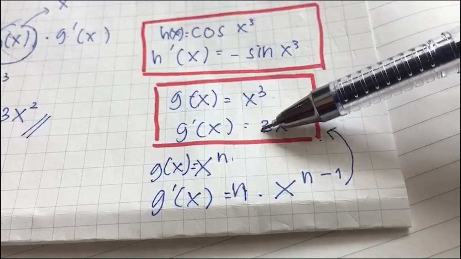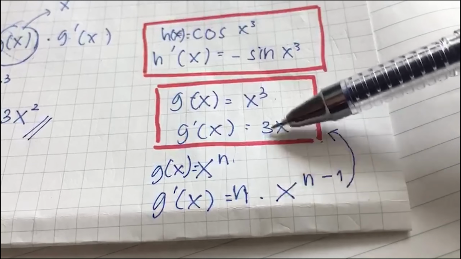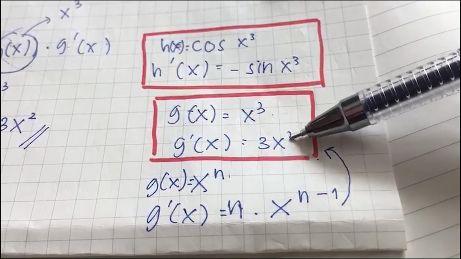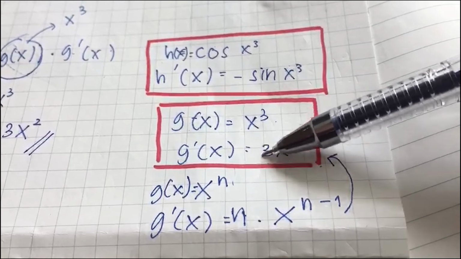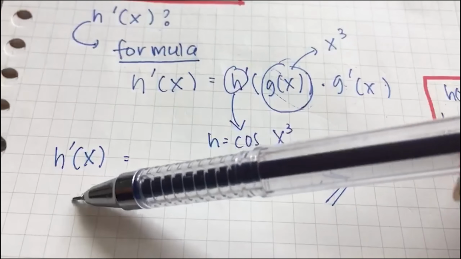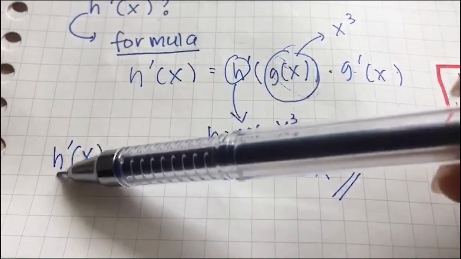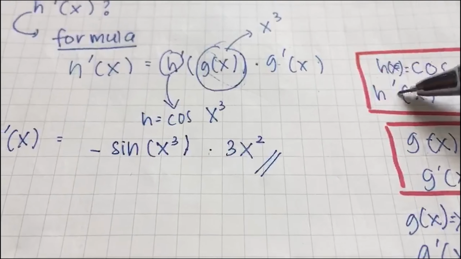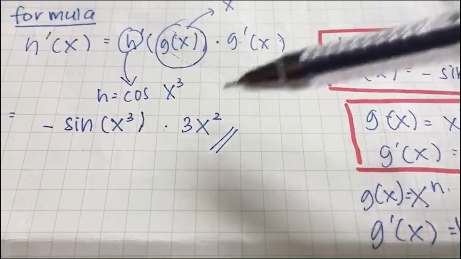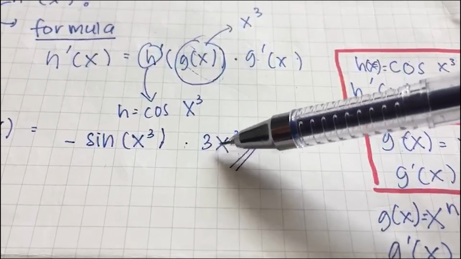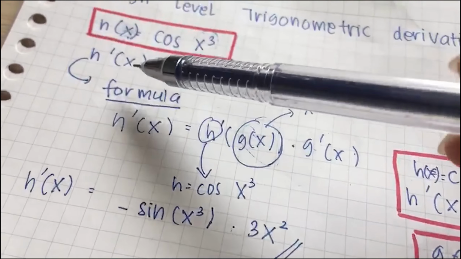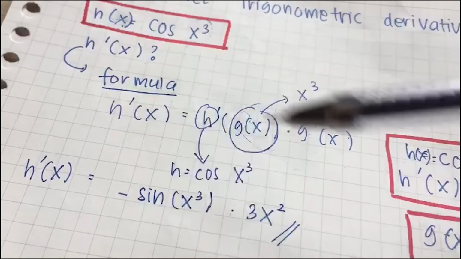So n is 3, x to the 3 minus 1, it's 2. So there it is. And so the answer is the derivative of h(x) is minus sin x cubed times the derivative of g(x), 3x squared. So this is the answer for the derivative of cos x cubed.